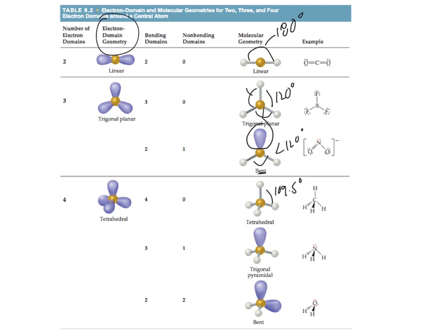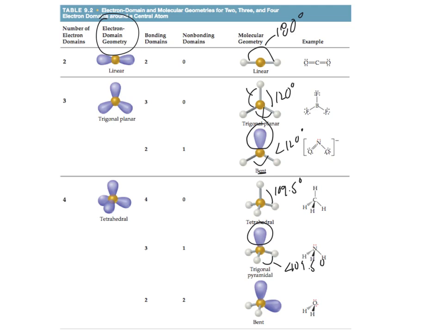So what we actually have here is these 3 points, which give us the trigonal portion, and the fact that this central atom is elevated leads to the pyramidal aspect. In terms of bond angle, as we would anticipate, the bond angle here is going to be less than 109.5. That's because, remember, the lone pair, or the non-bonding domains, take up more space on the atom surface than bonding pairs.